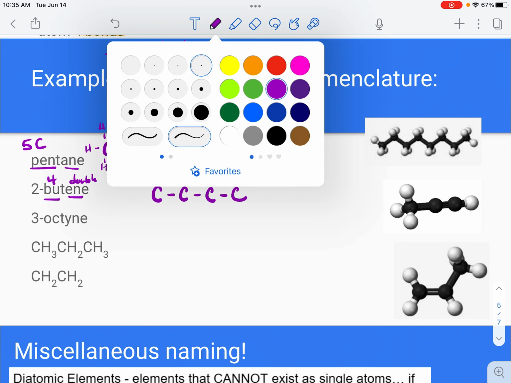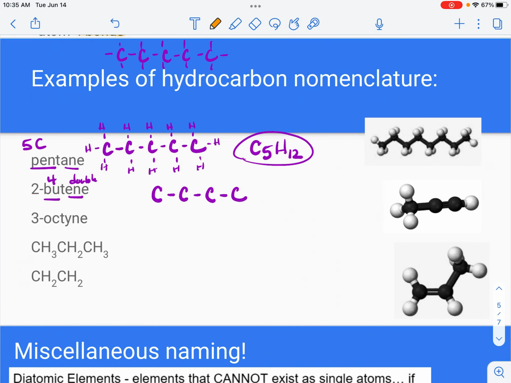And then the 2 tells me that after the second carbon is the double bond. In this case, it doesn't matter which end you count from, but I really have 2 options. It could be here or it could be here. And if I started from the other end, this is the same as putting it here. So the 2 tells you after the second carbon, so the double bond goes there.